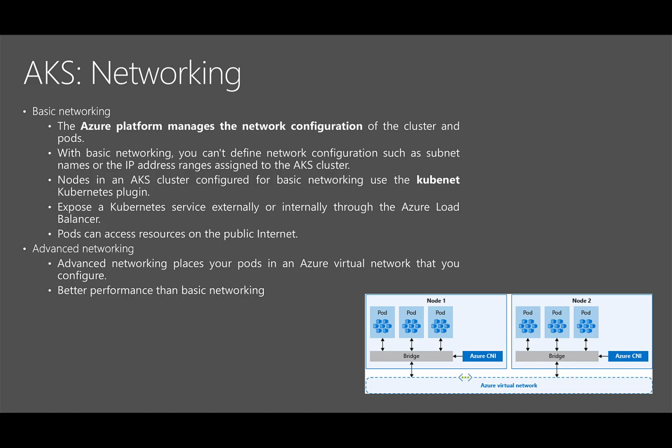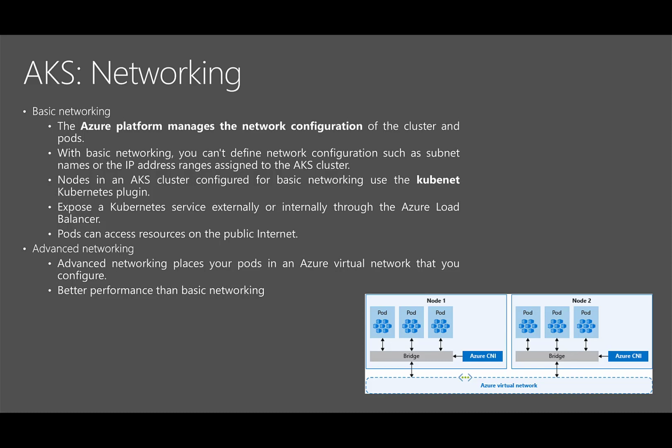On the other hand, the advanced networking can do pretty much everything up there, but it relies on the Azure Container Networking Interface, CNI plugin. It places your pods directly on your Azure Virtual Network. That means you can access other resources through your network, perhaps through an ExpressRoute or a site-to-site VPN, or even through a VNet peering.